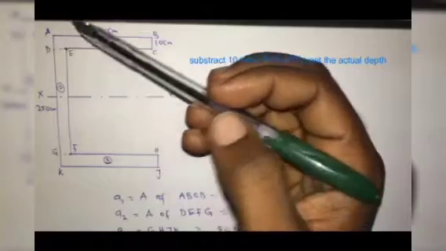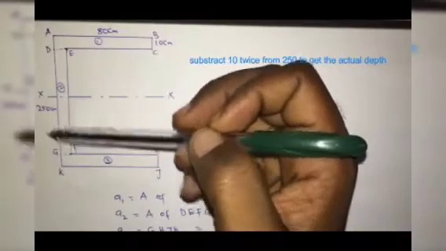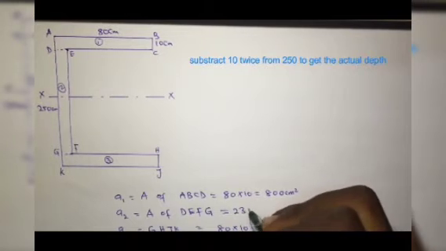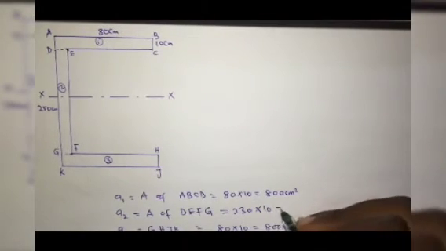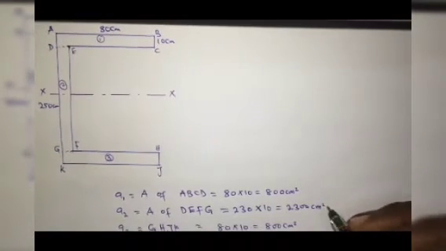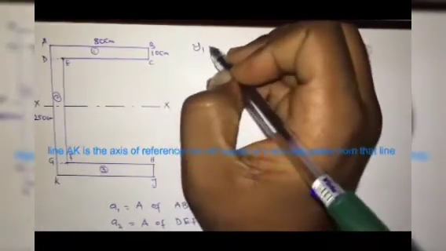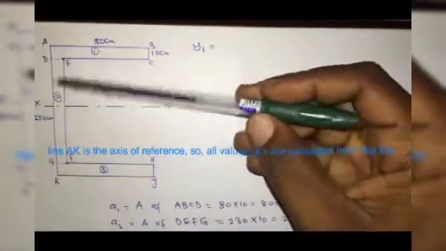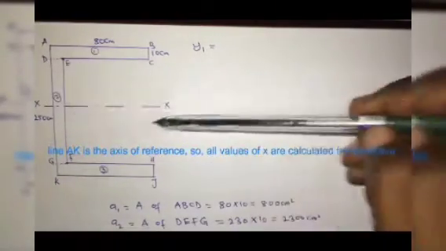Since we divided the section this way, you have to subtract the thickness, the 10 cm at the top and 10 cm at the bottom. So when you subtract 20 from 250, you have 230. So 230 times the base, which is 10, is going to be 2,300 centimeters squared. So these are the areas of the three parts of the section.